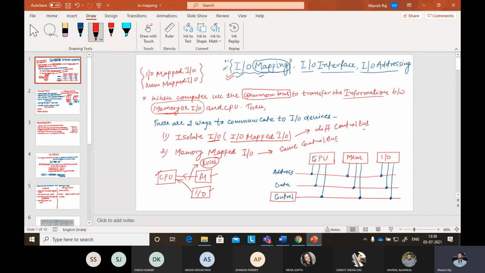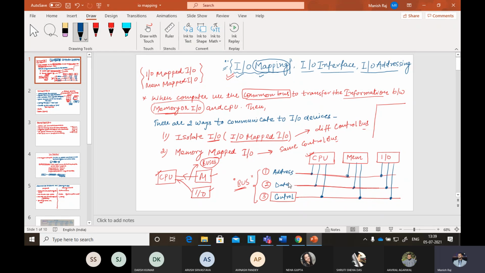Now you can see this structure, this diagram. You can understand this is your CPU. The types of buses I already told you in the first class: first is the address bus, second is the data bus, third is the control bus. So three types of buses are used in microprocessors. Two buses are the same, meaning you can use the same address bus and data bus for interconnecting the memory and the IO devices.